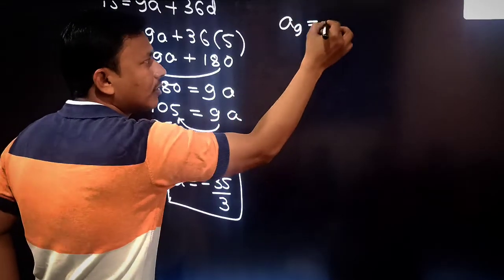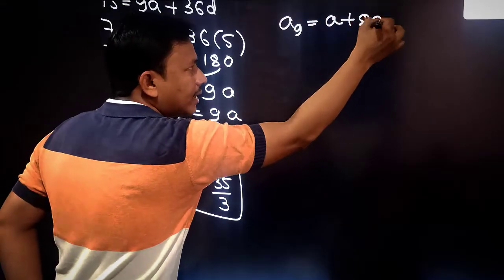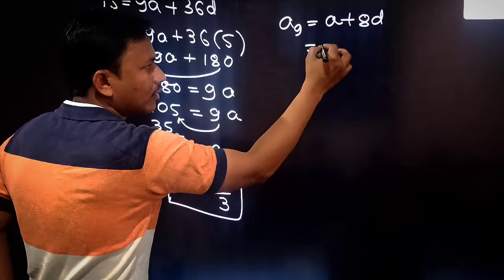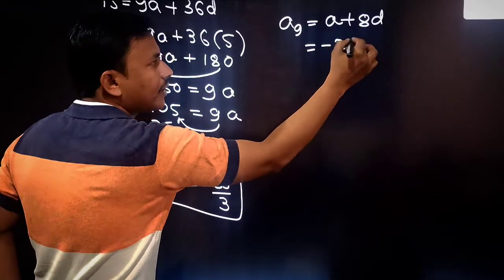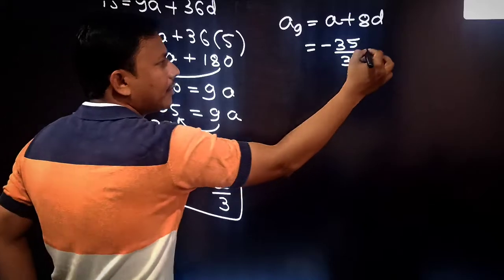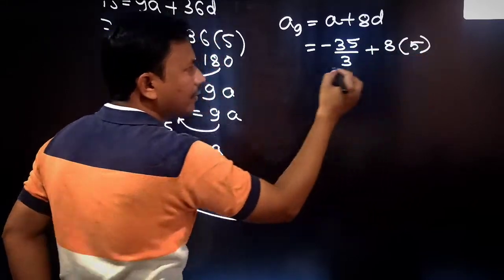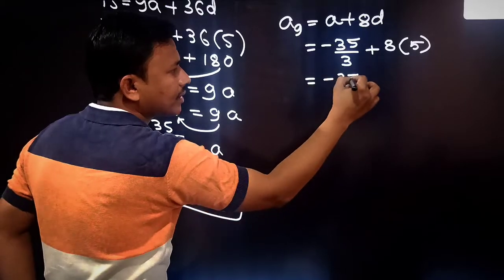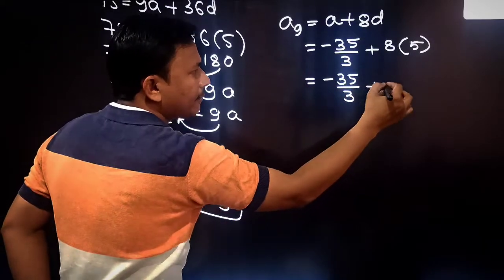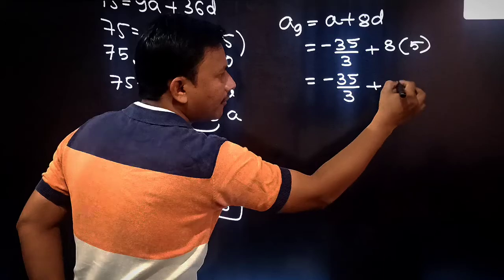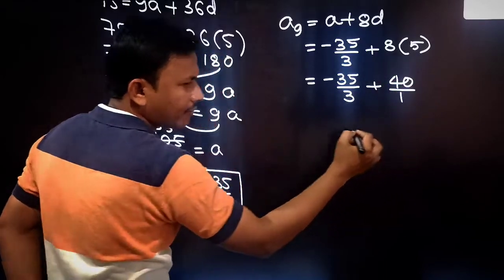A9 is equal to A plus 8D. A is equal to minus 35 divided by 3 plus 8 into D value, which is 5. This is minus 35 divided by 3 plus 8 5s are 40 divided by 1.